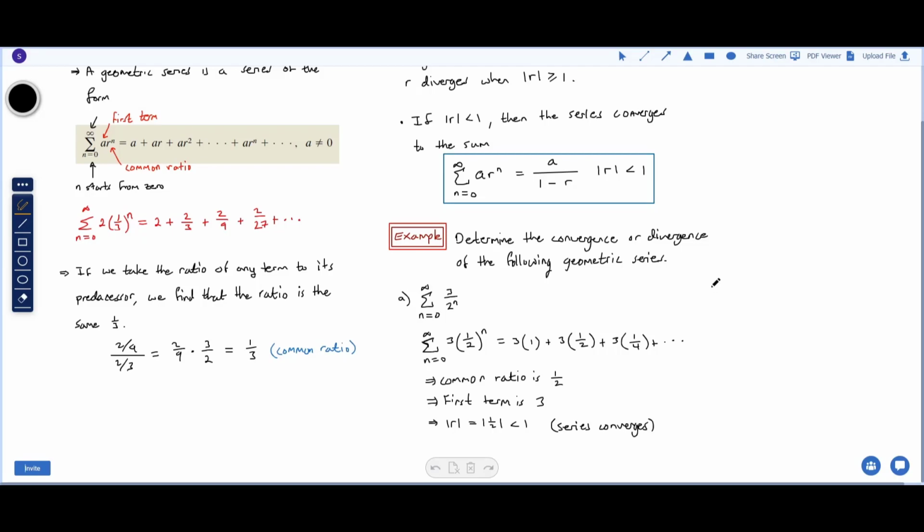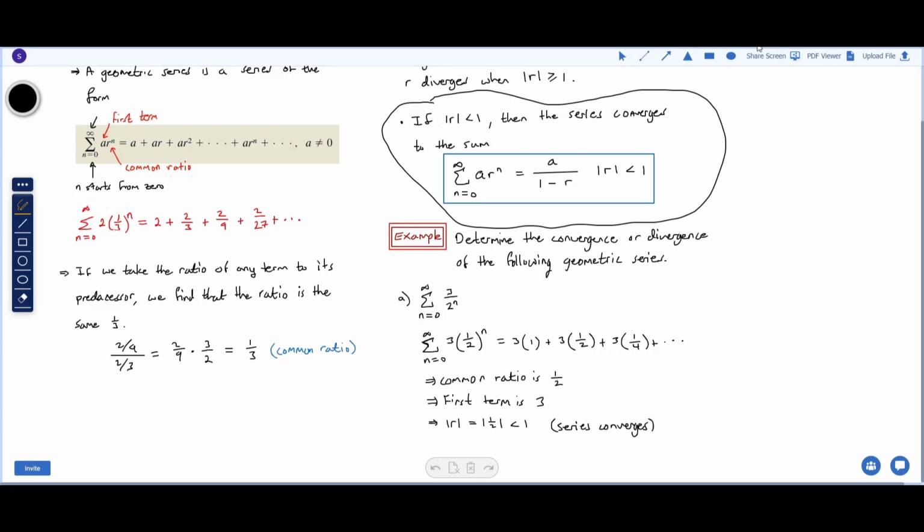Okay. In the previous one, I want you to look here. What does it converge to?